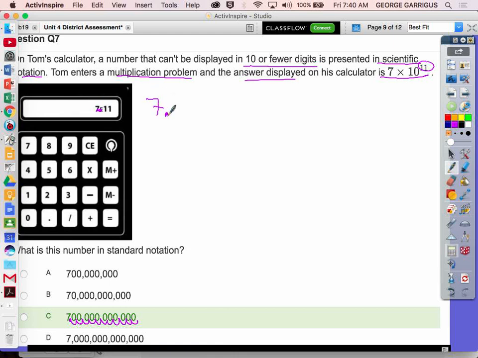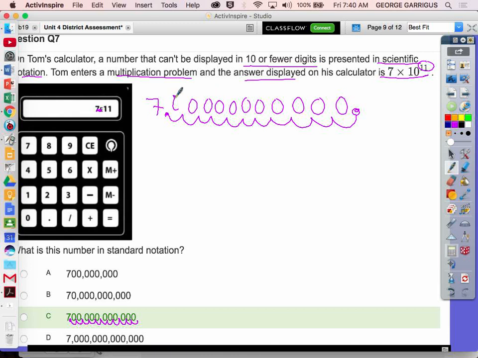Decimal point, and then you're going to move it 1, 2, 3, 4, 5, 6, 7, 8, 9, 10, 11. And you're going to use zeros to keep. And then you can add your commas. The answer was 700 million.